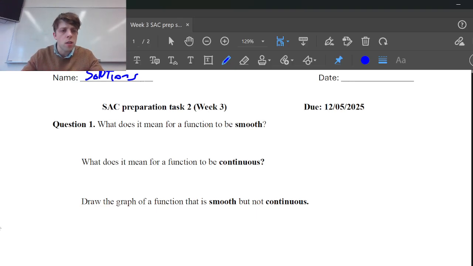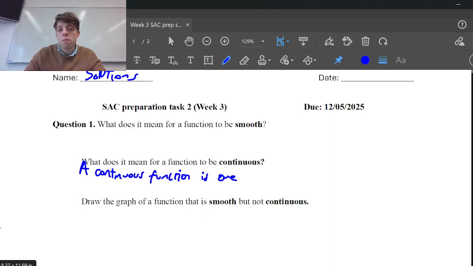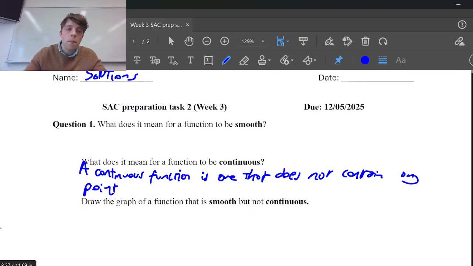So we can say a continuous function is one that does not contain any points of discontinuity. And what I mean by that is that I can draw the entire function without lifting my pen off of the page. Now the next question is, what does it mean for a function to be smooth?